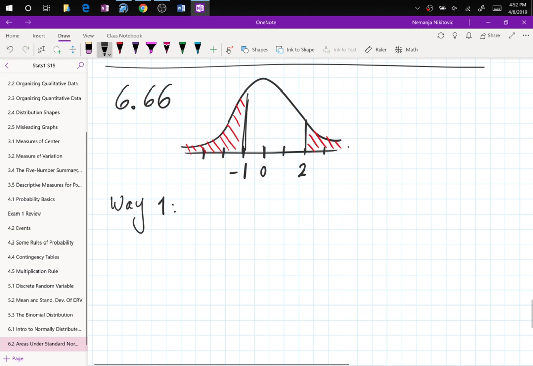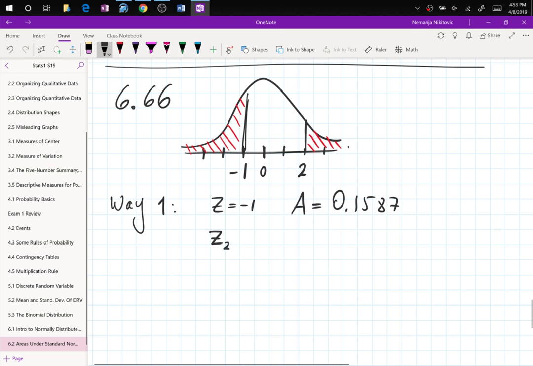Way 1 would be to find the area to the left for the z-score of -1. So that area for -1 is 0.1587. Then z of 2.